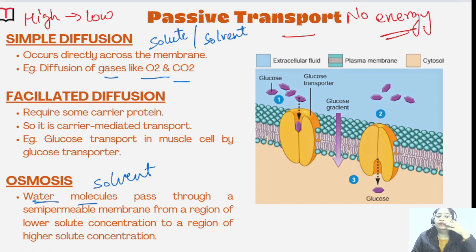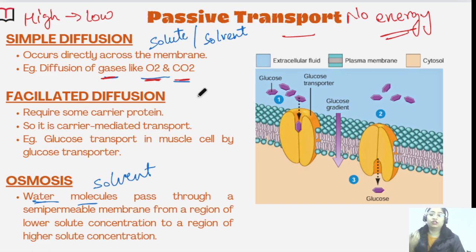So, in the simple diffusion, gases like oxygen, carbon dioxide, and not only the gases, the solute or the solvent also spread from high to lower concentration gradient, and the membrane is actually not necessary here. Okay, but in the facilitated diffusion, what happens? There are some bigger size molecules which require some extra help.